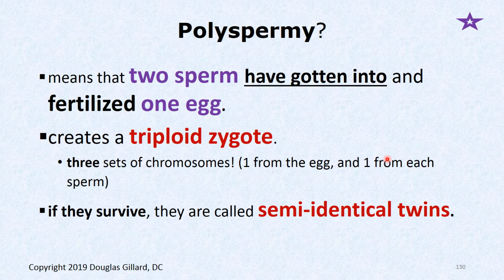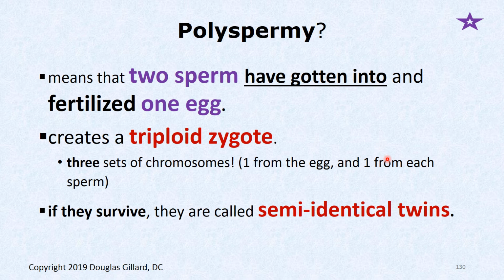Polyspermy is, I don't know if I should say luckily, but it doesn't happen very often. People aren't born once polyspermy occurs. But what it is, polyspermy, just like the word says, 2 sperm have gotten into and fertilized one egg.